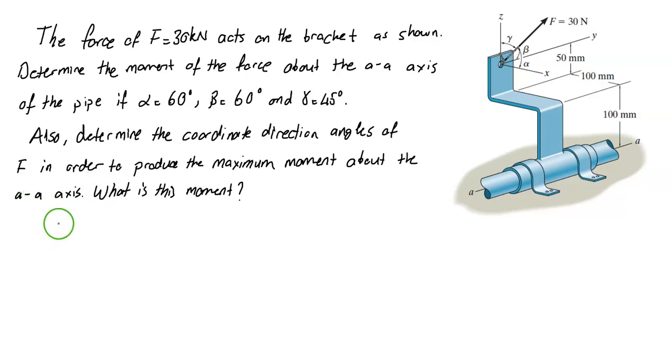let's write F in Cartesian form. So we have the F vector to be F times the unit vector.